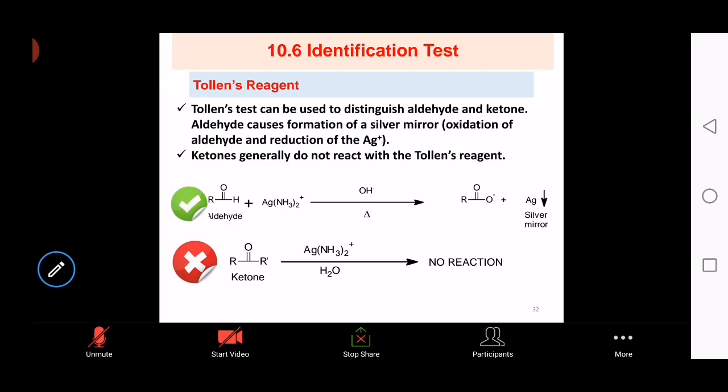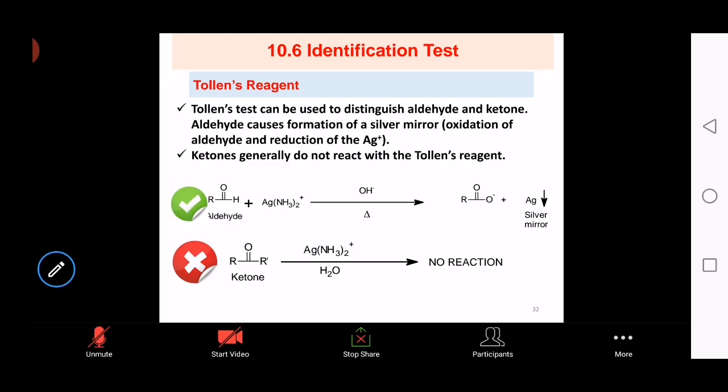Okay, so that's why salah satu test yang pertama kita boleh guna untuk compare between aldehyde dan ketone adalah guna Tollens' test. So bila ada soalan, how you can differentiate between butanal and butanone? So apa jawapan you? Tollens' test.